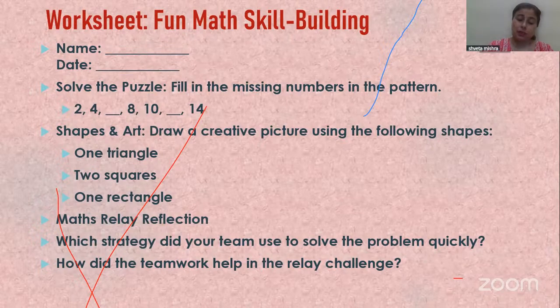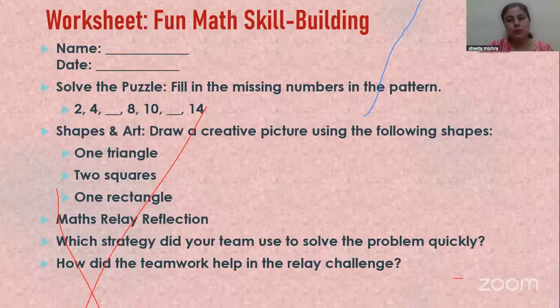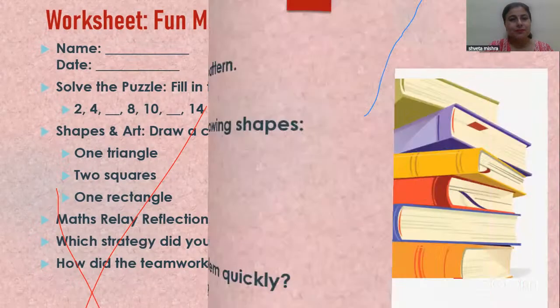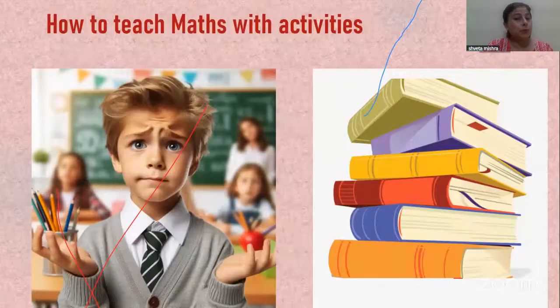These worksheets can be given in pairs. These can be given in groups. And if you feel that you need to find out the individual solving skill, they can be given as individual worksheets also.